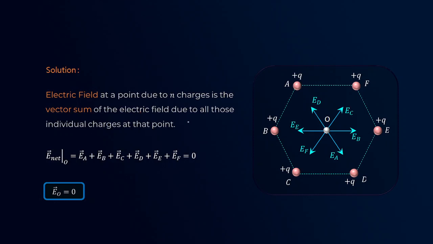So the electric field at a point due to n charges is the vector sum of the electric field due to all these individual charges at that point. So E net is just the vector sum, which is 0 only, right?